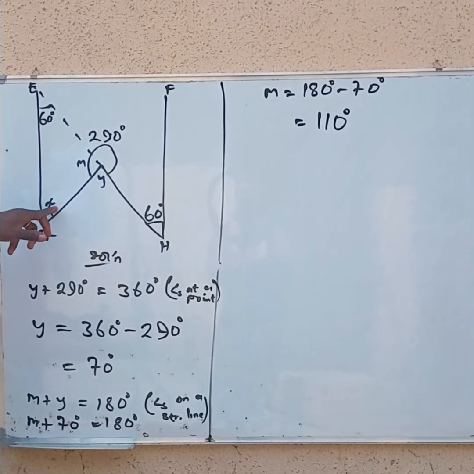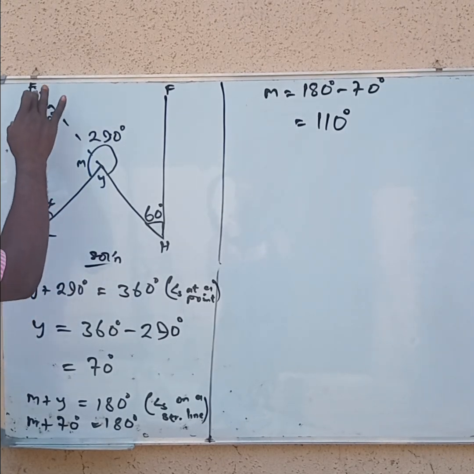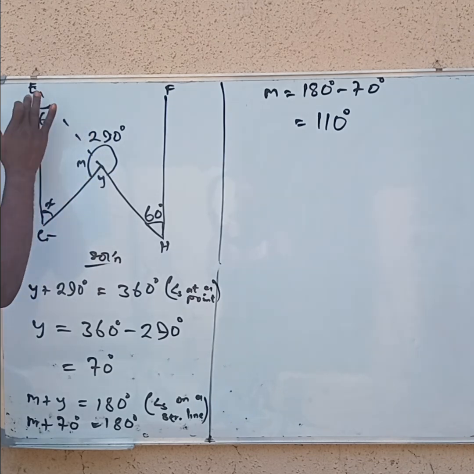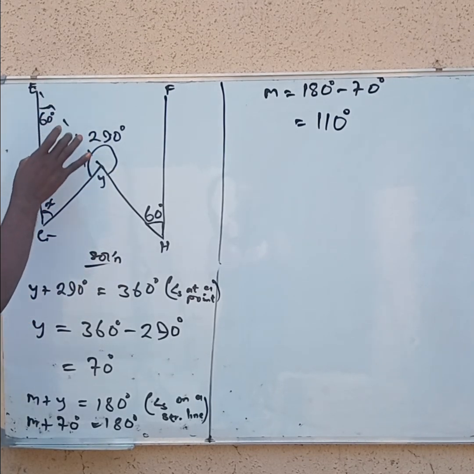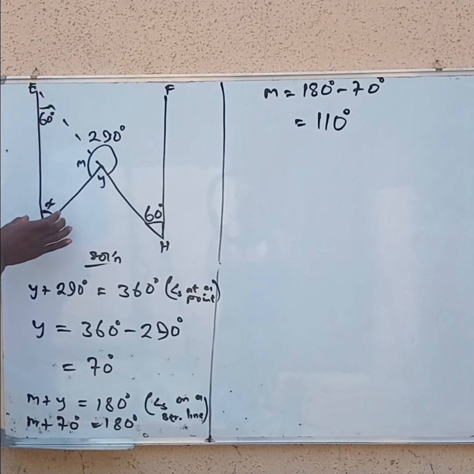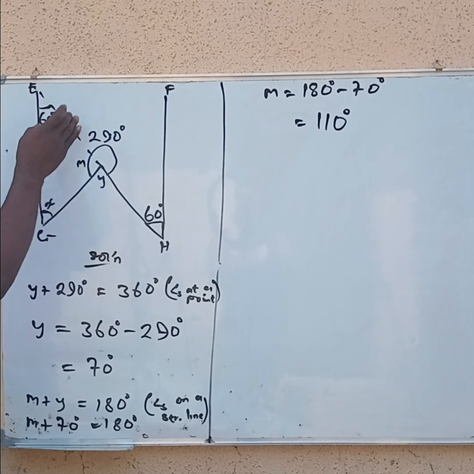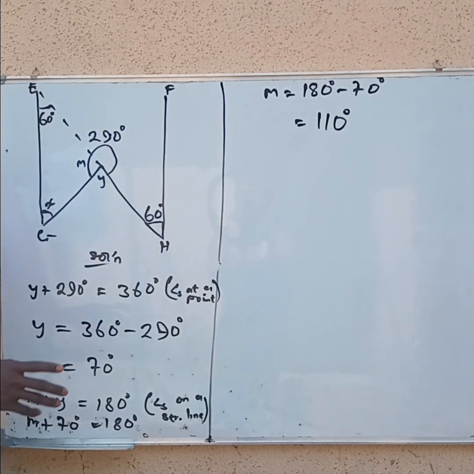Then I can calculate my X now. And we all know, if you look at this here, it's a triangle. If we are judging this angle, this is the hypotenuse, this is the adjacent, and this is the opposite. But we're just calculating based on the angle.